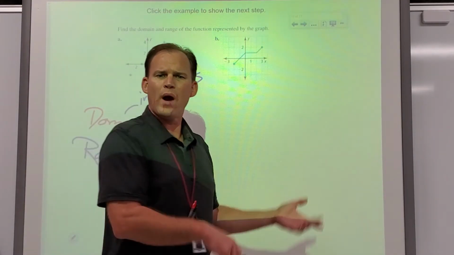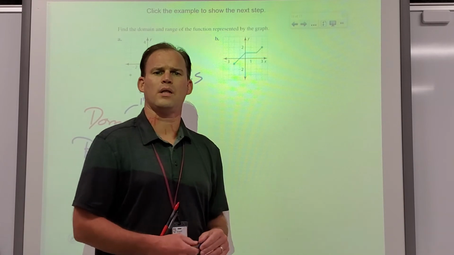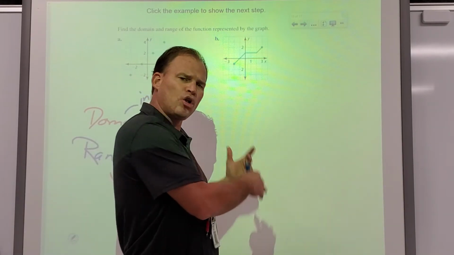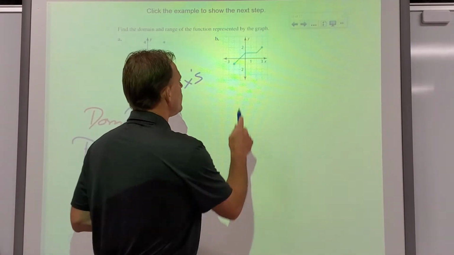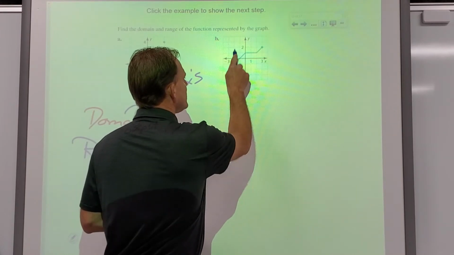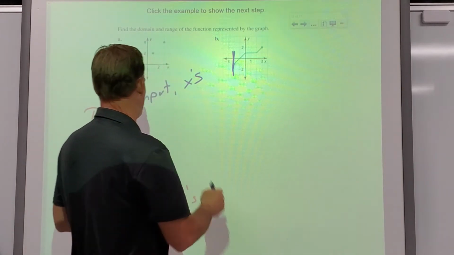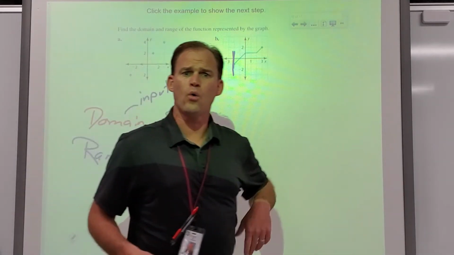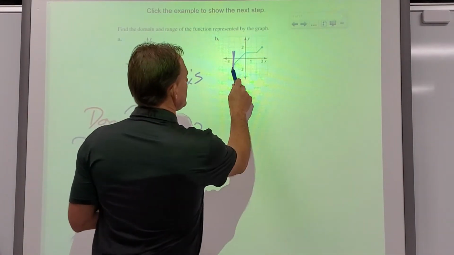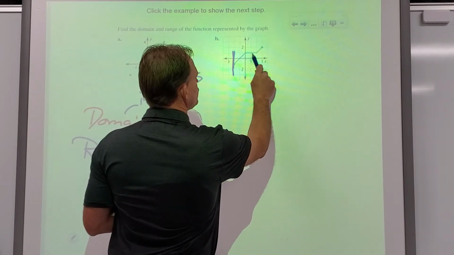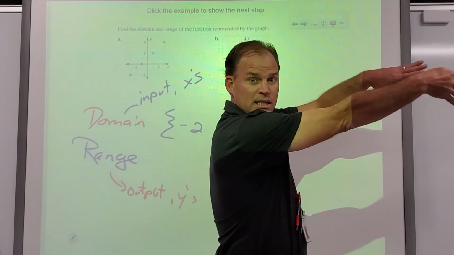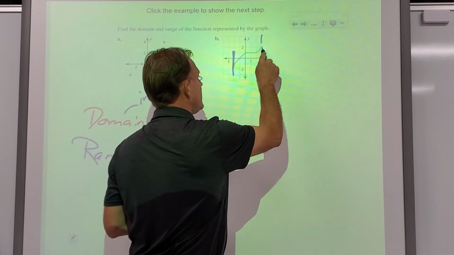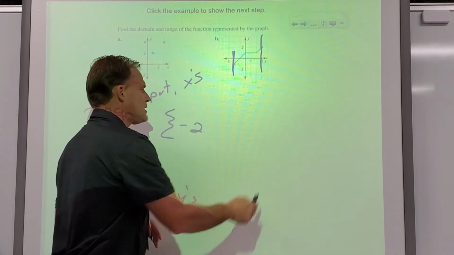So if I look here, and I know it's continuous, from where to where did I draw the line? What is the smallest x value? Well, I look right here. It kind of starts right there at -2. How far right does it go? Well, it goes right here to +3.